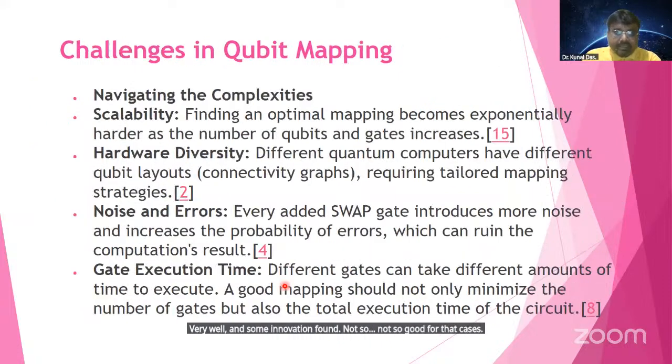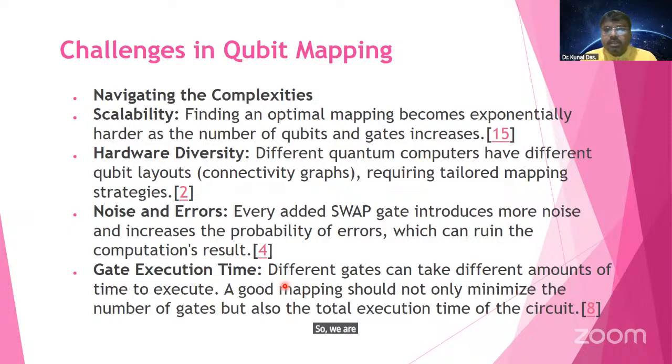Now the challenges, definitely navigating the complexities. We are navigating this because as scalability increases, optimal mapping becomes an exponentially harder problem.